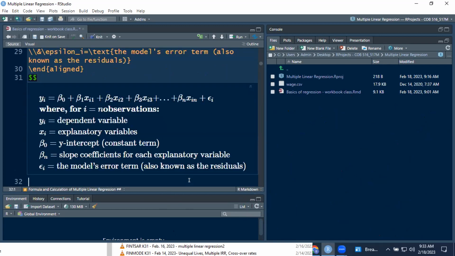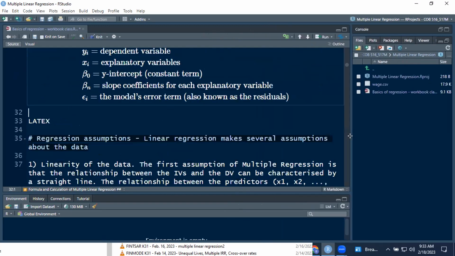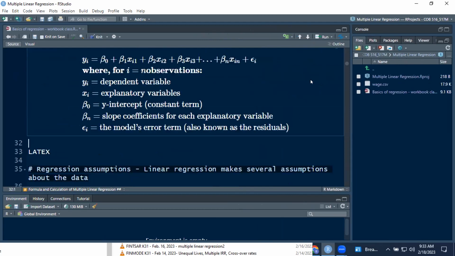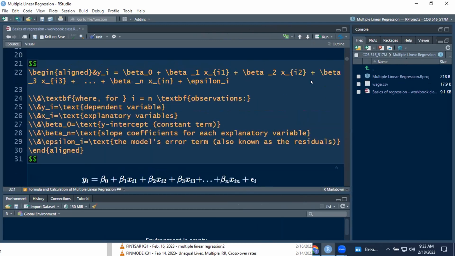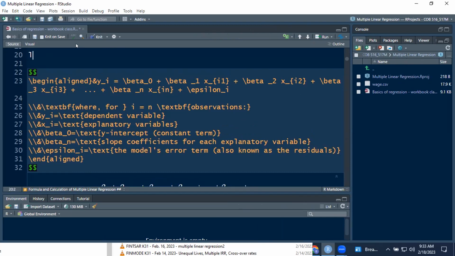Okay. All right. Here you have the equation for a multiple linear regression, and this is, by the way, what we call LaTeX. This is the way to write equations. It's pronounced as tech, not text, because the X here is Greek, chi, so it's called LaTeX, just like technology. Chi square.